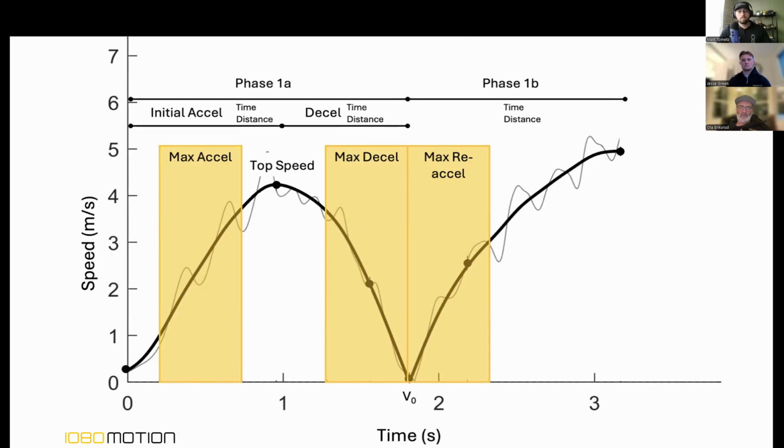Another one would be if I'm observing that they're really doing well as a result of working on the deceleration and they're shortening their time and their distance, and I see the reacceleration suffer, then you might actually go in and use that. Like, how are you able to come out of that turn with that demand?